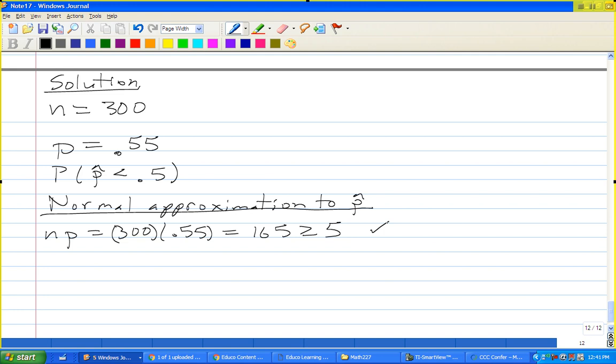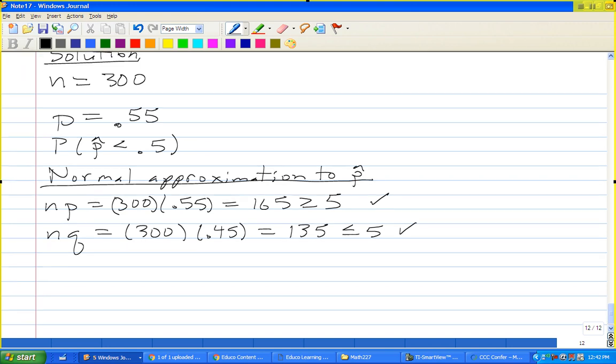And so that's true. n times q, if 55% are successes, then 45% are failures. And so 135. So again, the normal approximation is applicable.